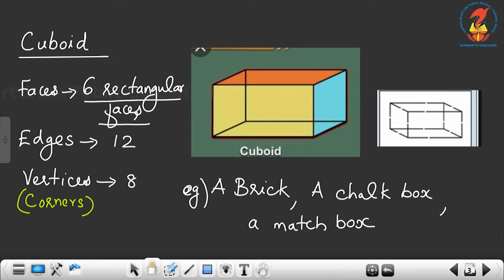Then how many vertices are there? 1, 2, 3, 4, 5, 6, 7, 8. So we can see that there are 8 vertices, or we can say that there are 8 corners.